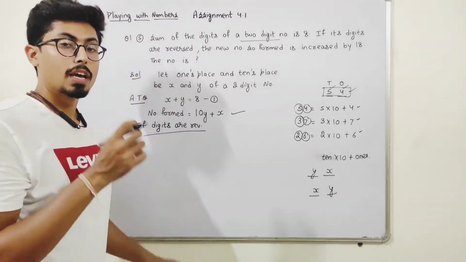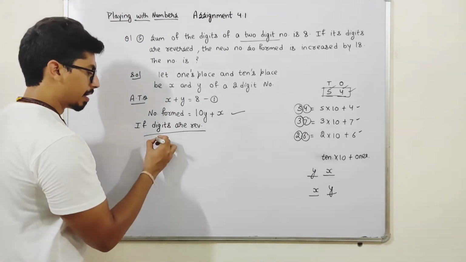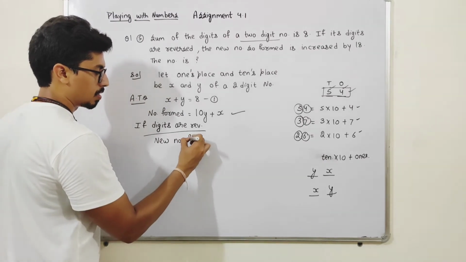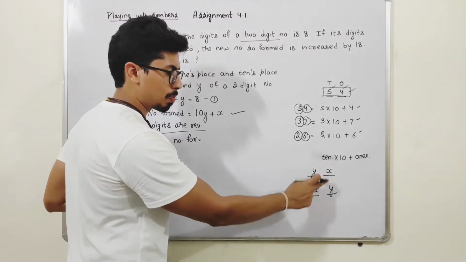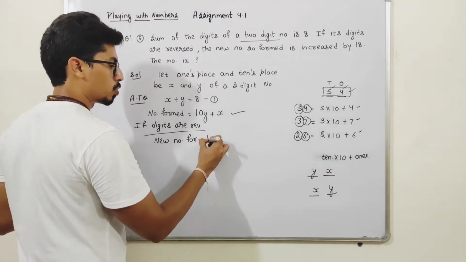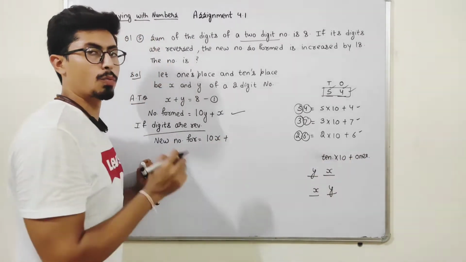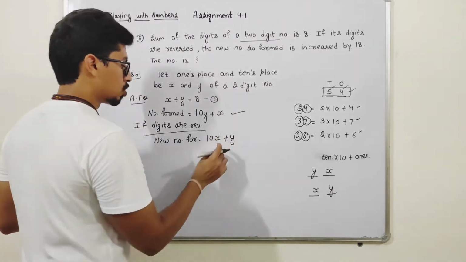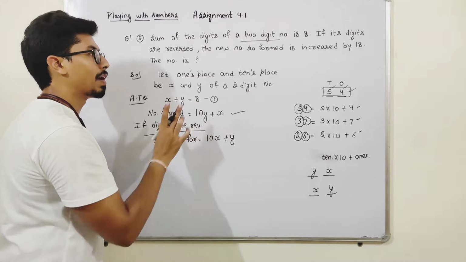So now students, using the same concept, the new number formed will be, see, digit at tens place will be x into 10, so 10 into x, plus sign as it is. Digit at ones place is y, so y here. So the new number is 10x plus y and the old number is 10y plus x.